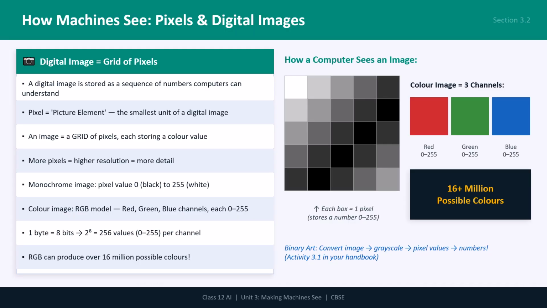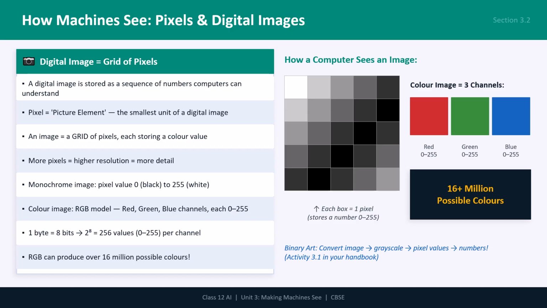Okay, now the most fundamental question. How does a machine actually see? Imagine zooming into a photograph, like really close. You will start to see tiny little captured squares. Those are called pixels, short for picture element.